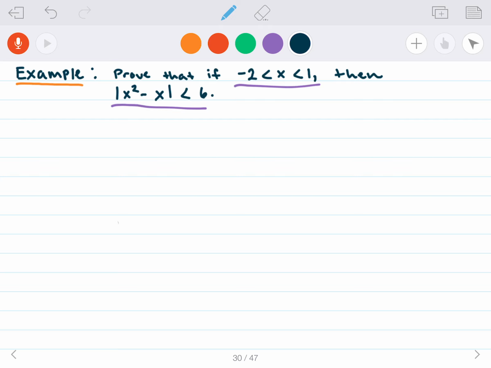So the key observation, just looking ahead, is that if we're using the triangle inequality, I'm going to end up seeing an abs x coming up in some form or another. So I want to say something about the absolute value of x, based on the fact that x lives between -2 and 1.